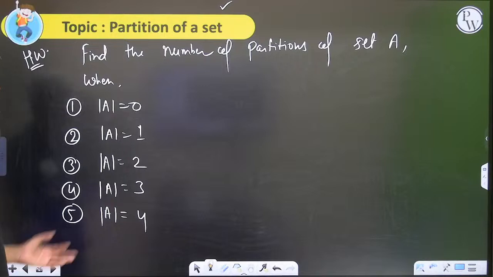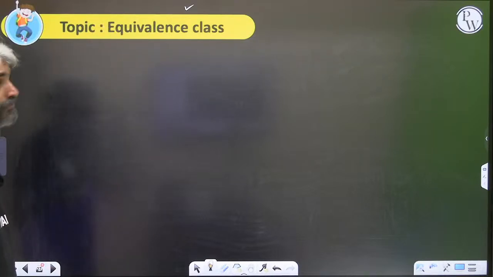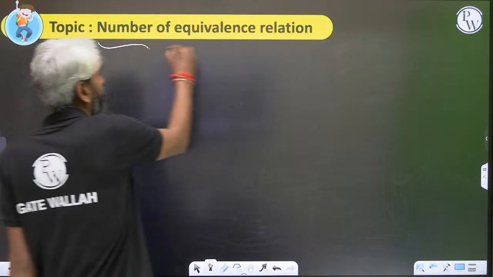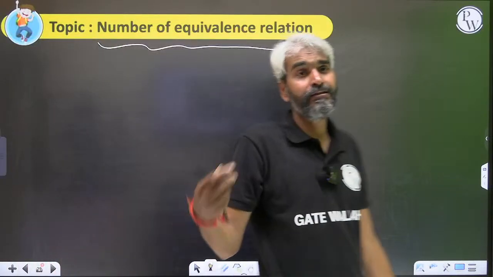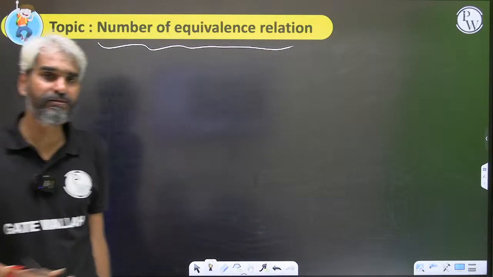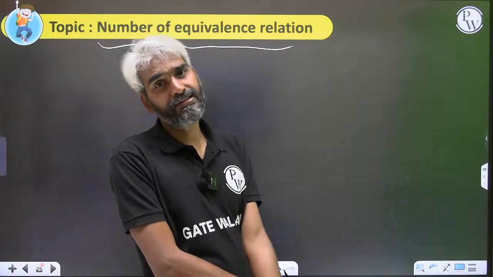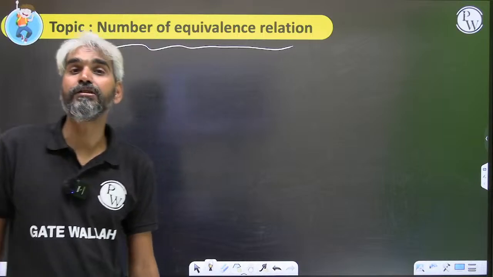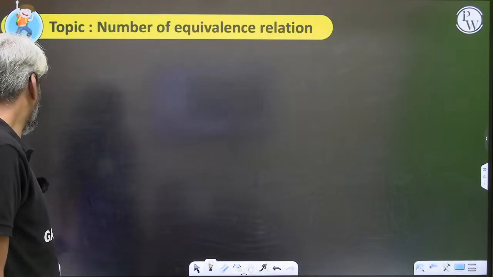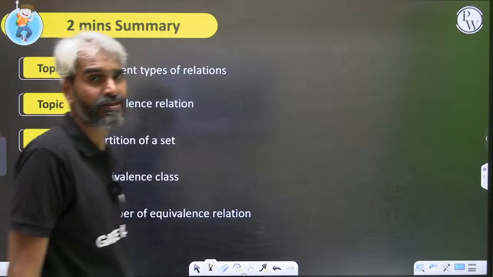Then we'll understand the concept of equivalence class, and we'll see how equivalence class can be used to create a partition. And we'll see the number of equivalence relations, which, as I already said, will be exactly the same as the number of partitions of that particular set. So please don't mind, I'm not skipping anything, but I'll cover all those things in the next session.